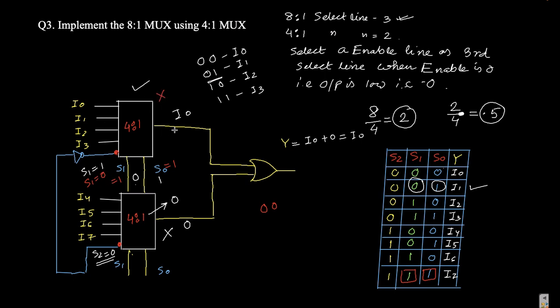So for that, this multiplexer's output is 0, as S1 is 0. This is not S1, this becomes S2, I think this becomes S2.